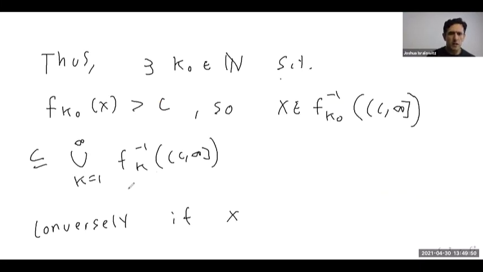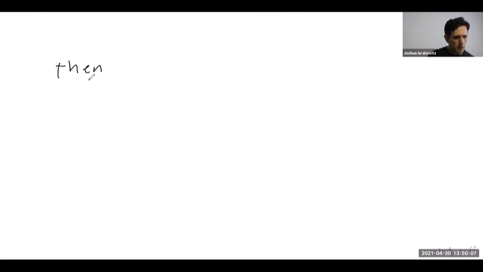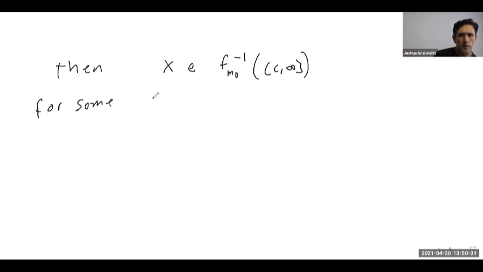So conversely, let's say x is in the union. Okay, so if this is the case, then x is in the inverse image of, let's do the same thing, m0 I guess, for some m0 natural number. So what does that mean?